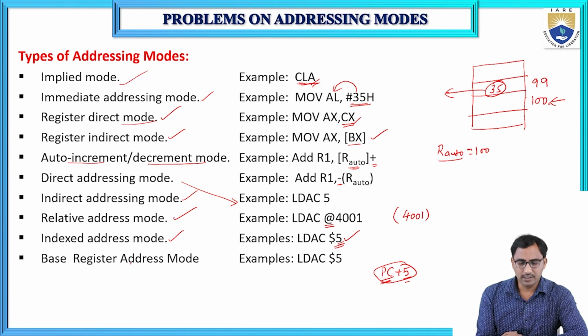Next one, base register addressing mode. It is similar to the indexed addressing mode, except the index register is replaced with the base register. We have different base registers, the BX register or the BP register, and we can use any one of them.